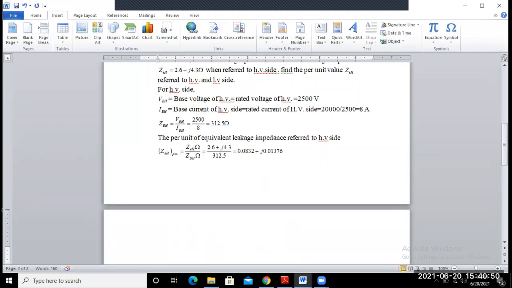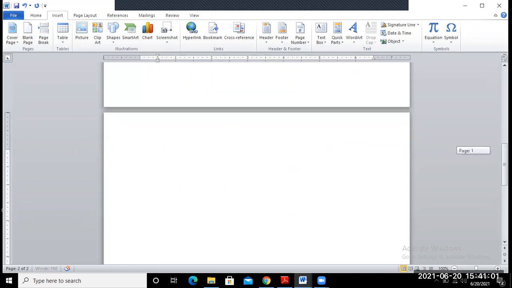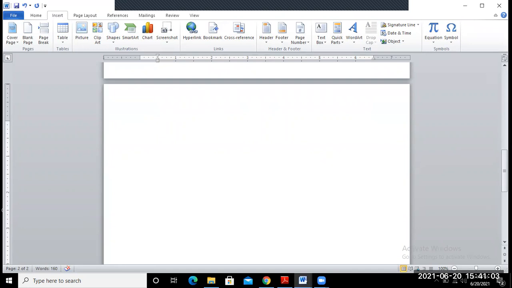So similarly we can find out for the LV side. Similarly we can solve for the LV side. So for the LV side, that means you just transfer ZEH to the low voltage side.